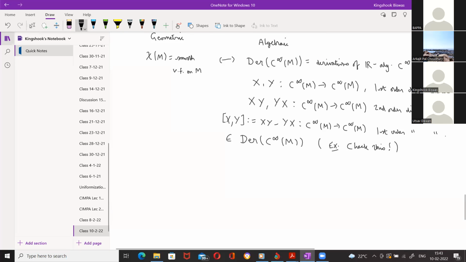So therefore, this corresponds to a vector field.